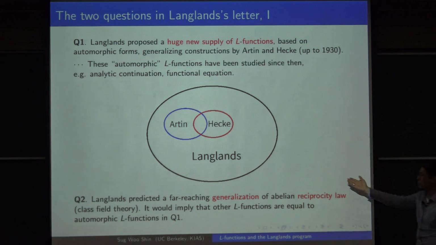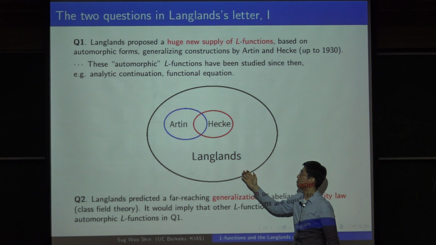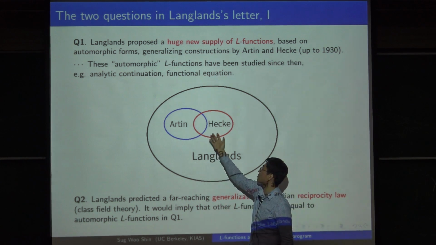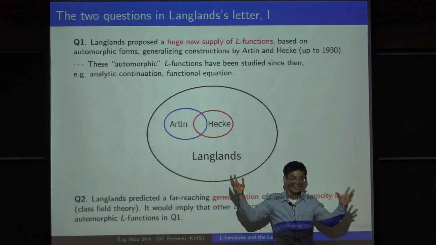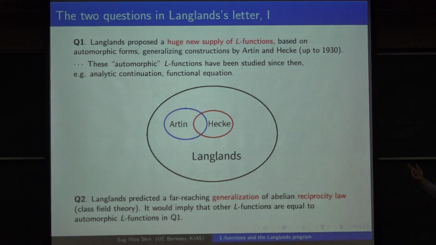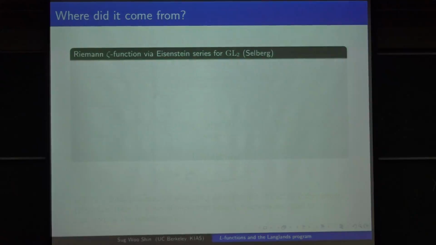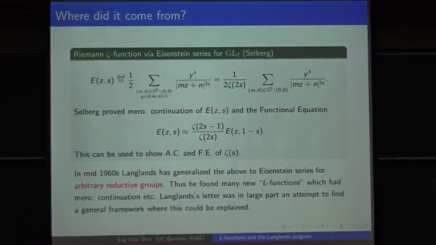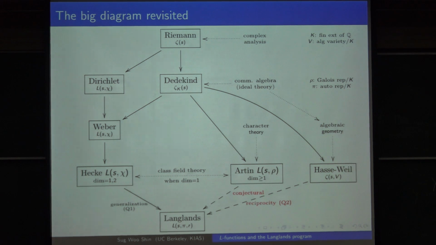And the diagram shows you that if the L functions defined by Artin and Hecke are like this, then Langlands' supply of L functions is much bigger. In fact, Artin and Hecke's territories would look infinitesimally small compared to Langlands. And where did it come from? I should skip; this is technically a part of the talk. It came from Eisenstein series. That's one, if I should say just one word.